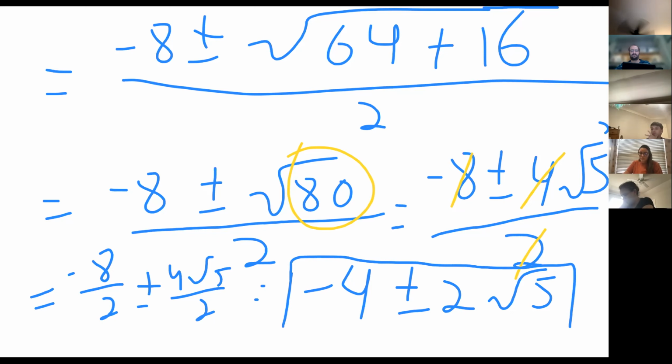Does that give you your two solutions? Yep. So the plus or minus, right? That's also why I said if you want to write it separately, you can. That plus or minus gives you two different things. Okay. Questions about this one?